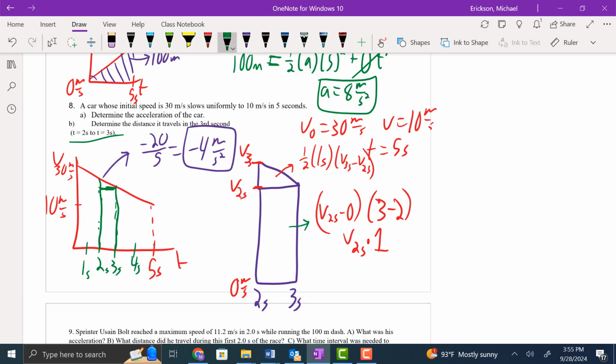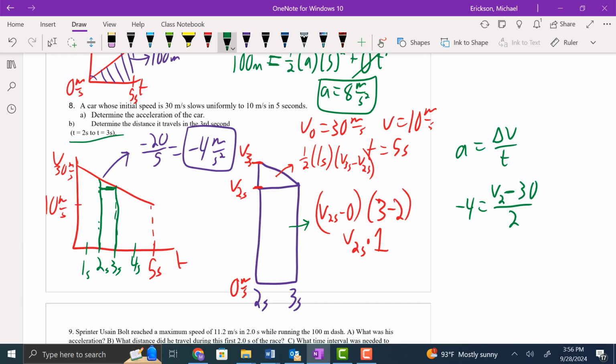Now, one way I can solve this is I can just use my slope formula, and I can say, hey, my acceleration is -4. My final velocity. Now, if my initial velocity is going to be at 30, well, what if I just find the velocity after 2 seconds?